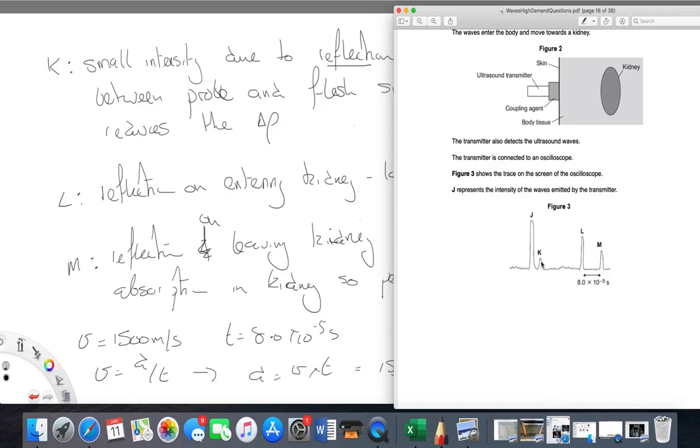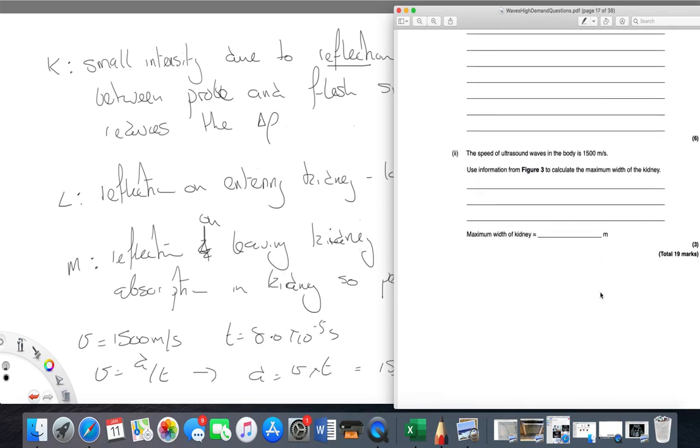This is the trace you would receive typically. Big peak coming out of the ultrasound transmitter, a reflection as it goes into the body, a reflection at the first boundary change of density inside the body, and a reflection at the other side as it leaves that different density piece of the body.